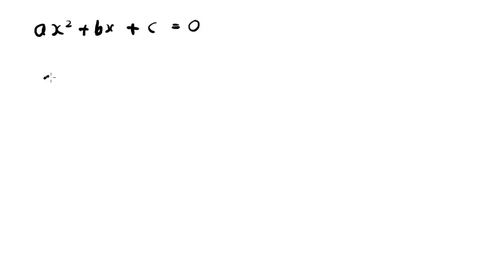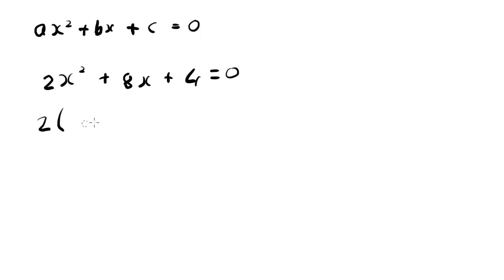Let's imagine we have 2x squared plus 8x plus c, and our c, let's make that a 4, equals 0. We have to complete the square. Now notice it's not quite the same as before, but it's very close. So what we do is we take out our a.